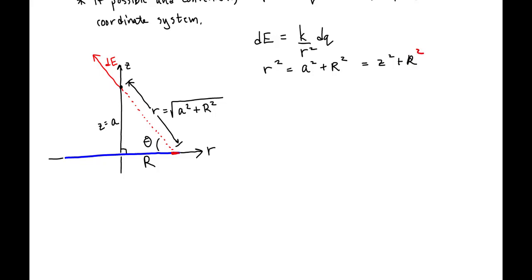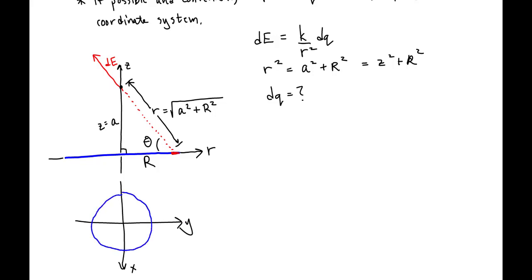But now let's represent our representative charge element in terms of our polar coordinate system. So we have to figure out what dq is. To determine dq, let's go back to that top-down view looking down from the z-axis of our coordinate system. If we're staring right down the z-axis, the ring of charge looks like a circle.